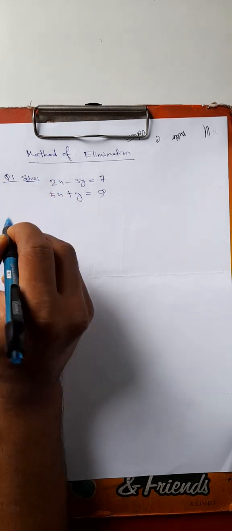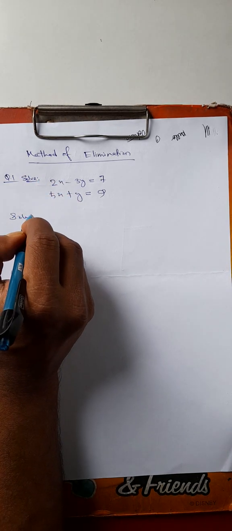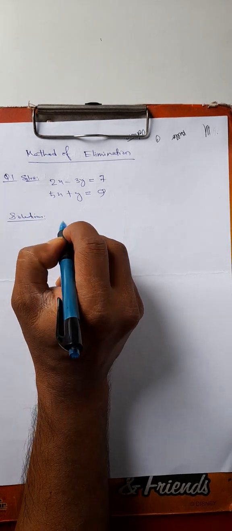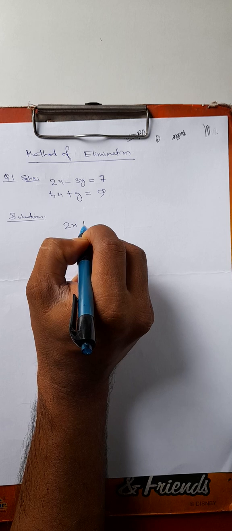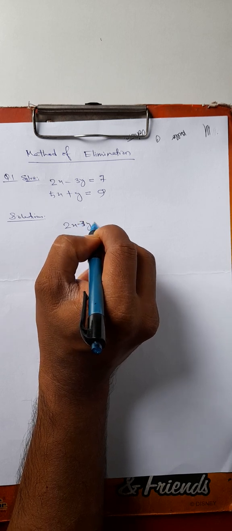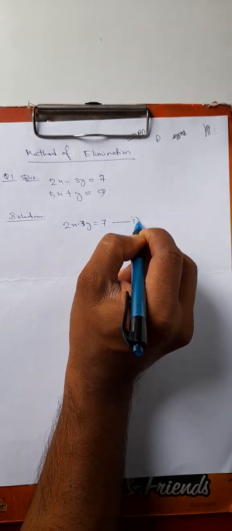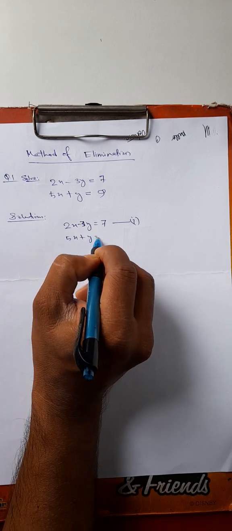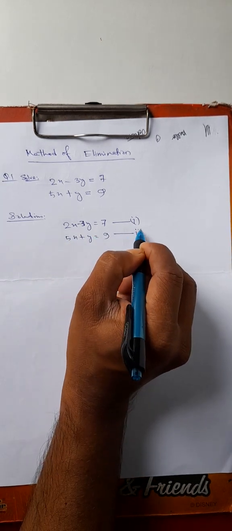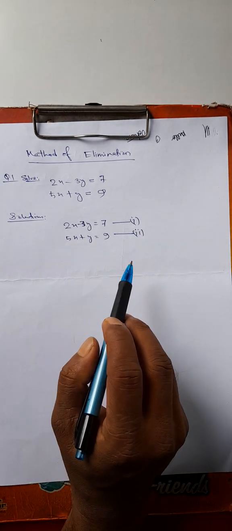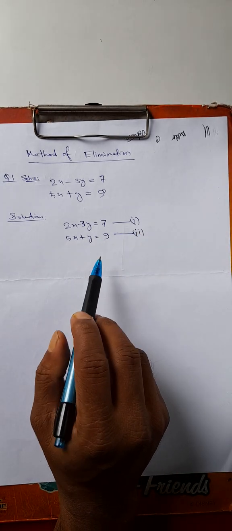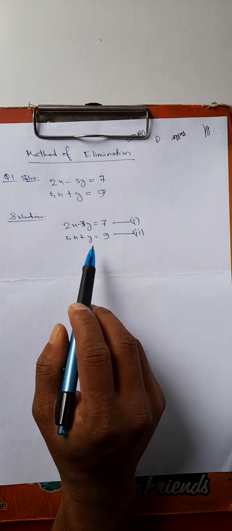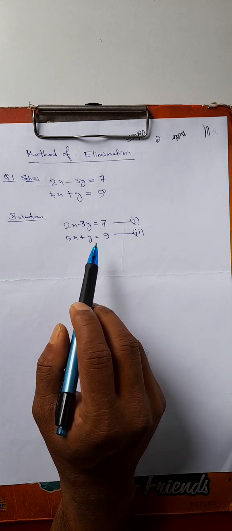So now let us solve these equations. First equation is twice x minus 3y equal to 7. This is equation 1. Second equation is 5x plus y equal to 9. This is equation 2. Now in the method of elimination, we will try to eliminate at least one variable from both equations.